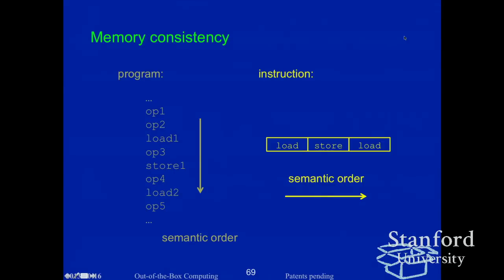It is the compiler's job to make sure that it encodes the operations in the slots in the same order as the program is specified. So we know that the slot 0 load must be load 1 on the left-hand side, because it has to be before the store. And the load in slot 2 on the right-hand side must be load 2, which is after the store, in order to preserve semantic ordering.